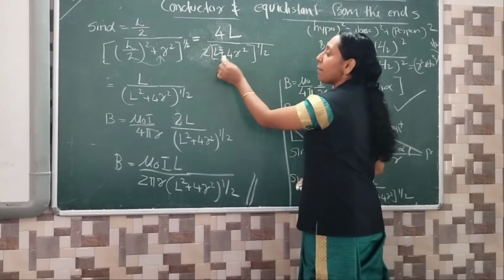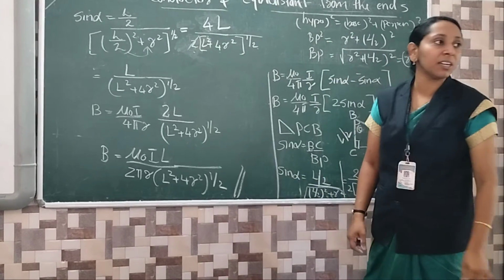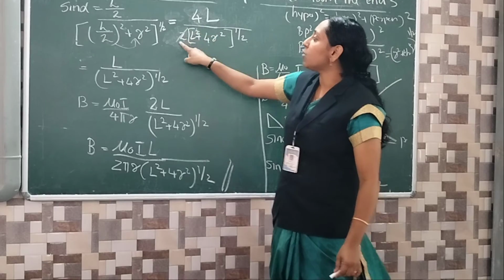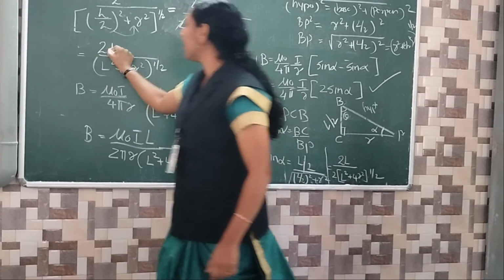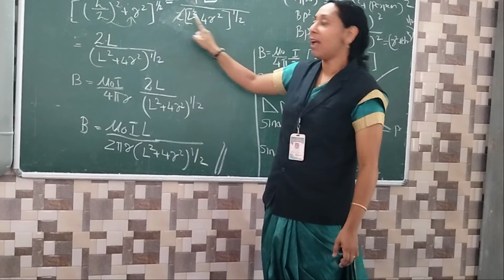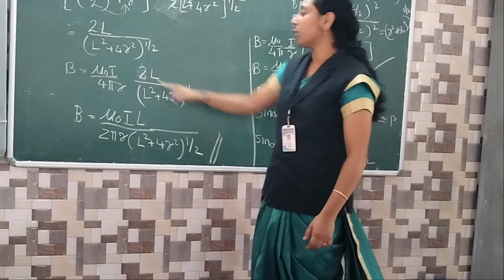Yes, ma'am. 2 square means 4R square, all raised to 1 by 2. अभी simplification clear है क्या? Yes, ma'am. Then after that, this 2 and 4 कट होगा, 2 will be balanced. So numerator में 2L, denominator में 2 कट हो गया, L square plus 4R square all raised to 1 by 2. We should apply this expression.